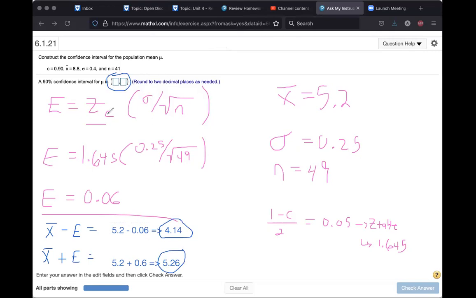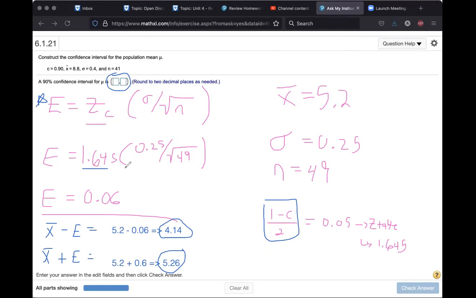The whole thing is you have to know or recall the margin of error formula. The Z critical value is associated with the level of confidence. To find the Z critical value, you do 1 minus C over 2 and go to the Z score table to find the Z score value associated with that probability.